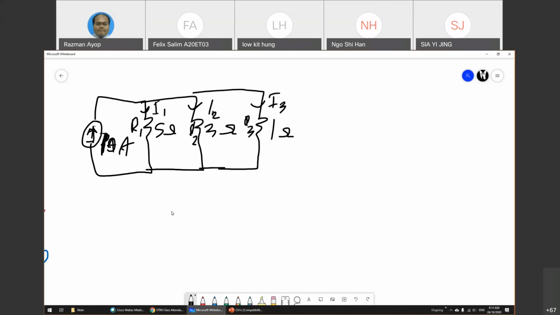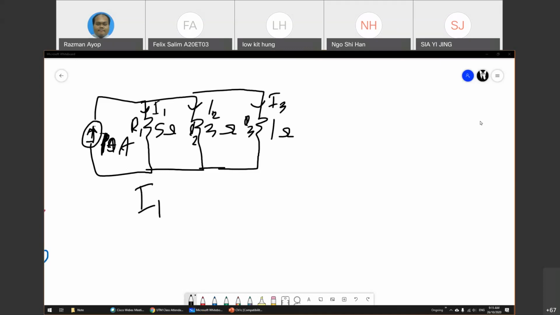So for example, if you want to get I1, wait, I need to set up the phone first. Can you see the calculator?